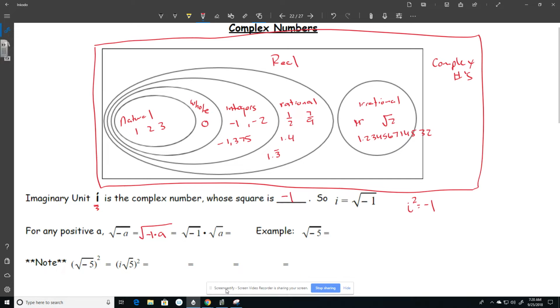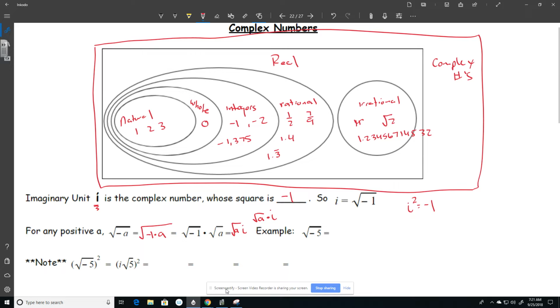And because now I know the square root of -1 is I, I'm left with the square root of a multiplied by I on the outside of the square root. So that's my answer to what is the square root of -a. It's just the square root of a multiplied by this imaginary number.